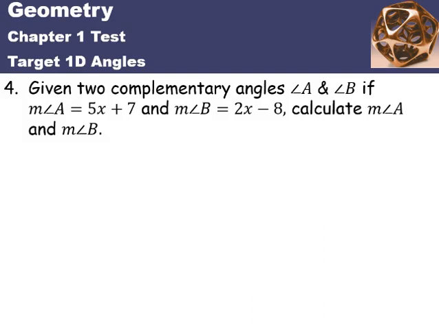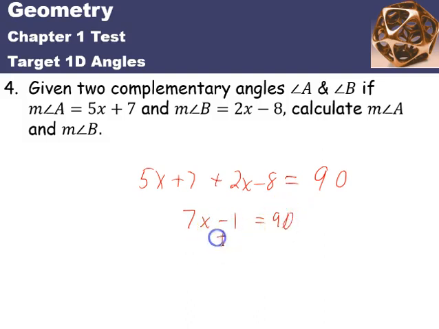So for number 4, we're given two complementary angles, so that means they add up to 90. And the angles are 5x plus 7 and 2x minus 8. So they add up to 90. So combining like terms, 5x plus 2x is 7x, and 7 plus negative 8 is negative 1, and 90. Then I'm going to add 1, and I get 7x is 91.